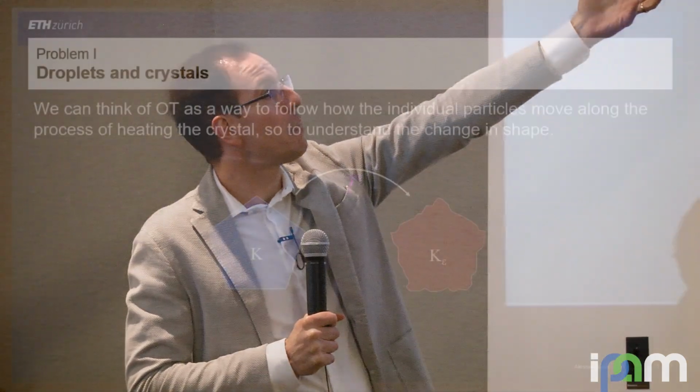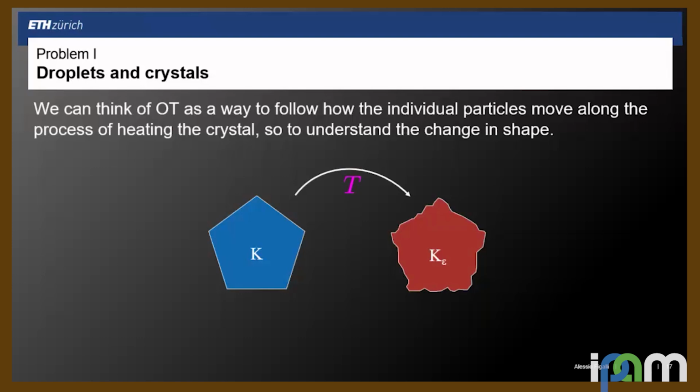So I can transport a pentagon to this shape. And then this transport encodes the change in geometry. And then you can ask yourself, okay, using this transport map, can I answer the question I raised before, which is, can I predict how much the shapes changed between the two configurations?